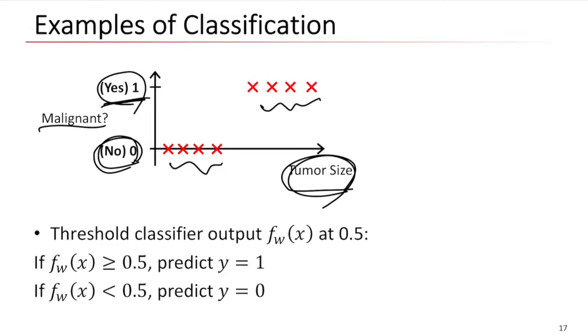Then how can we develop our machine to decide about a new sample with this tumor size? How can we determine whether this sample is malignant or not? In the last lecture, we learned the regression problem.